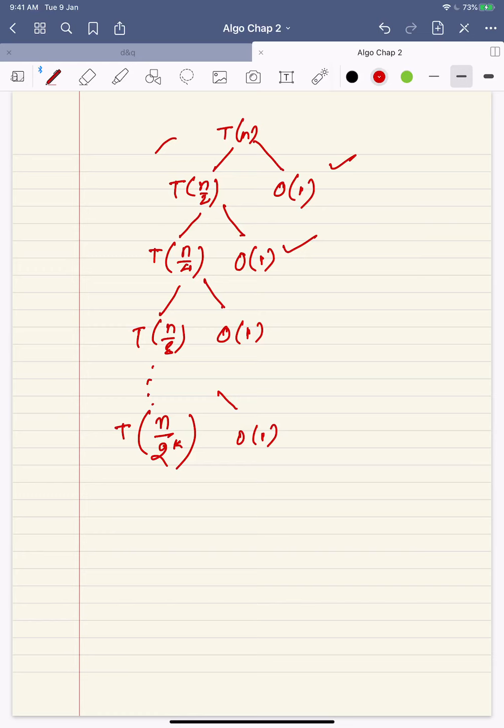And what will k be? Now k should be such that you cannot go further. So k in this case should be log n. So you cannot go beyond 2 to the power log n, which gives you n.